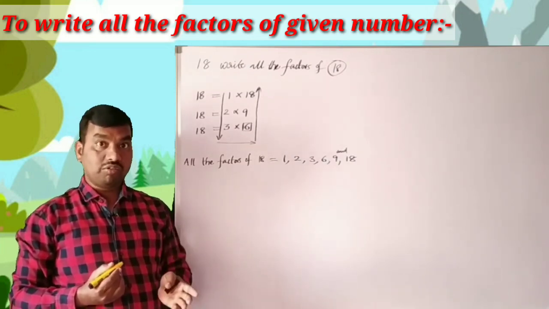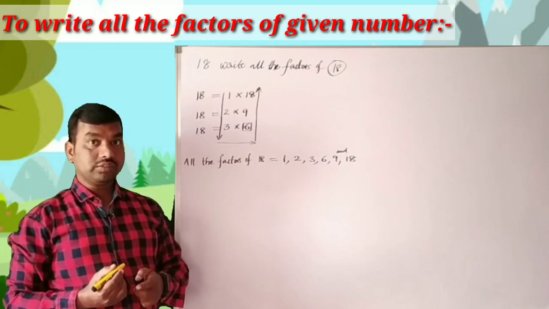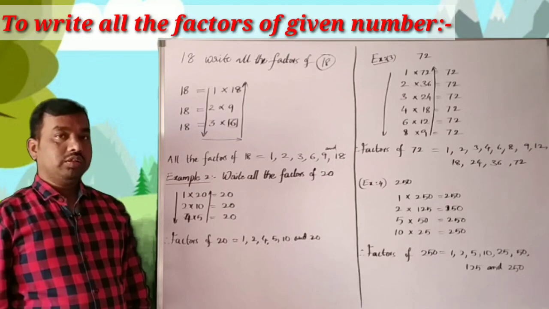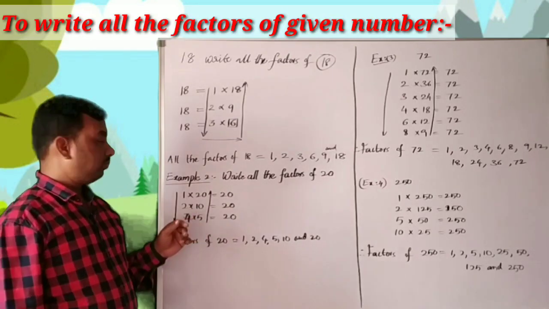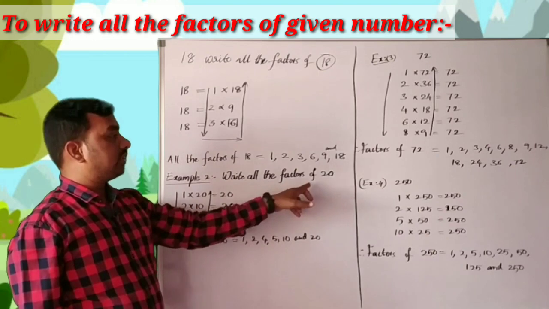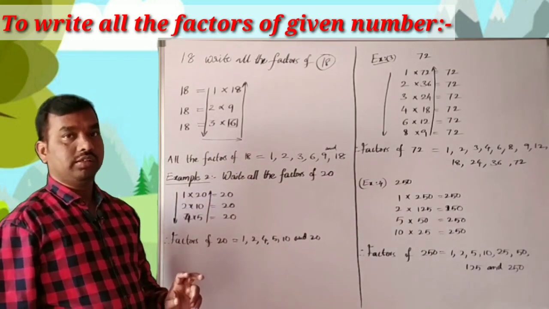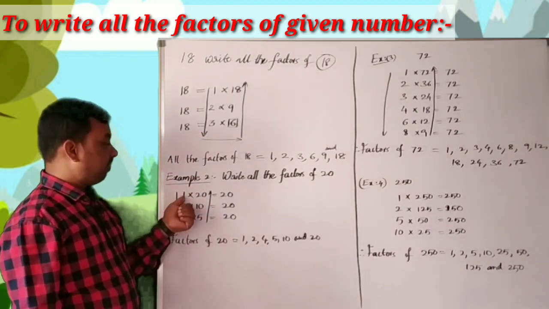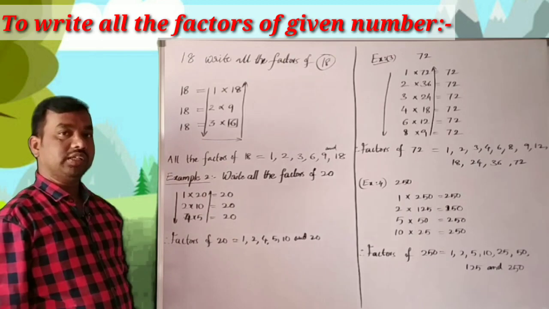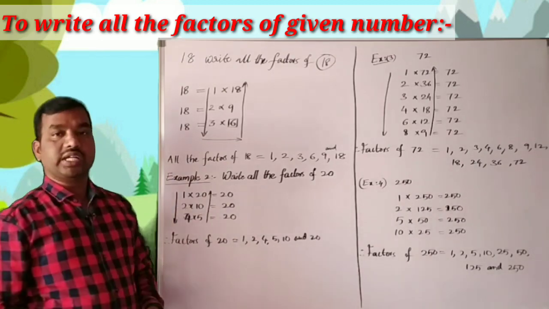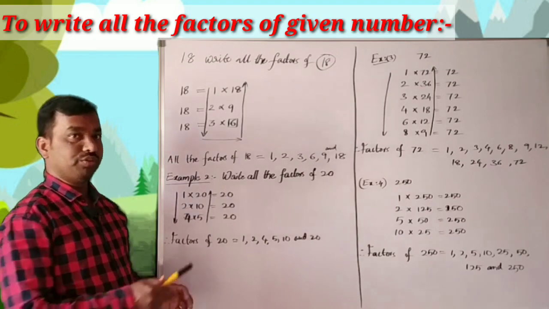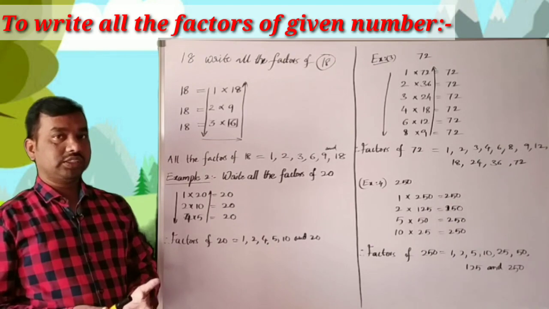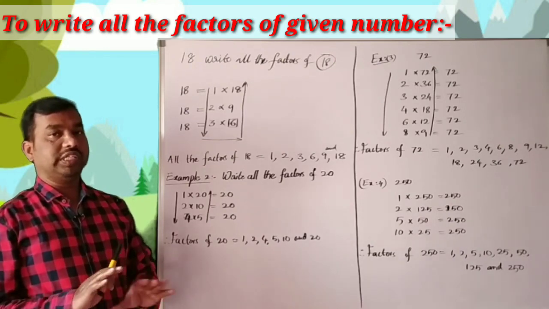Do you understand, children, how to write all the factors of a given number? Shall we take example 2? Write all the factors of 20. In the same process we can write. First you take 1. 1 20s are 20. In the second table we can get 20. 2 10s are 20. In the third table we can't get, so you don't take 3.